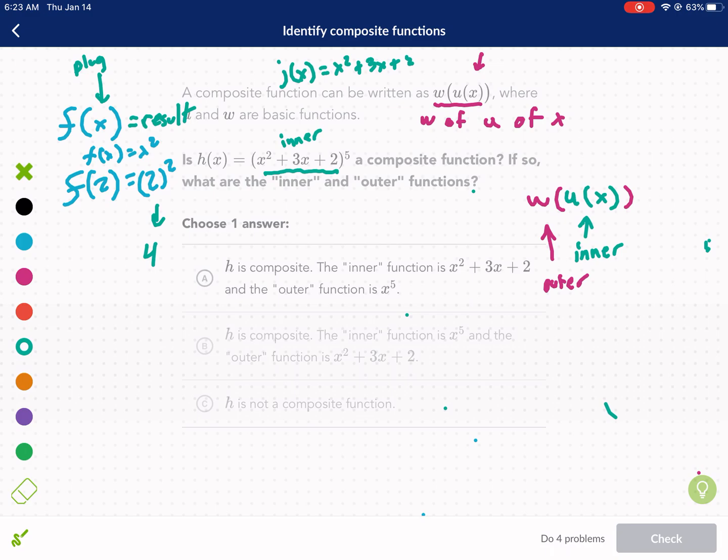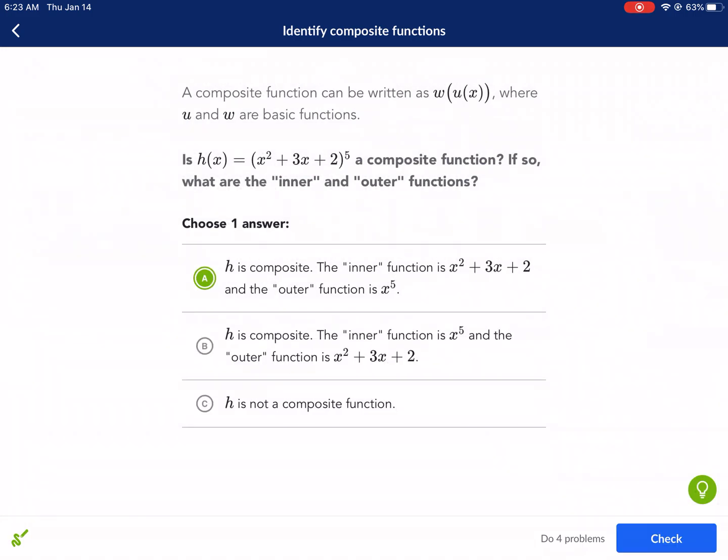Now we could have the next function, k of x, equal to x to the fifth. So all we did was plug this in for x and raise it to the fifth power. So our inner function is x squared plus 3x plus 2, and our outer function is x to the fifth power, because that's what we plugged in. So we're going to say option A is our answer, and there we go.